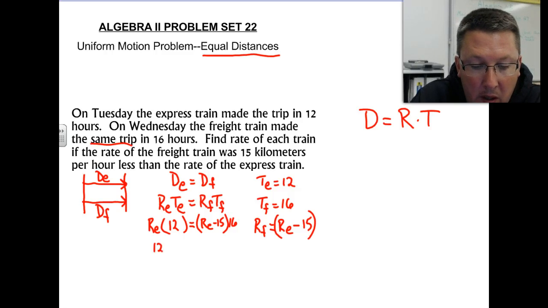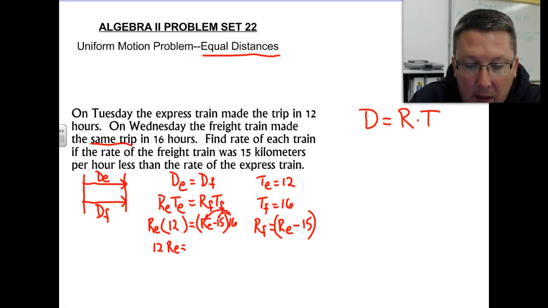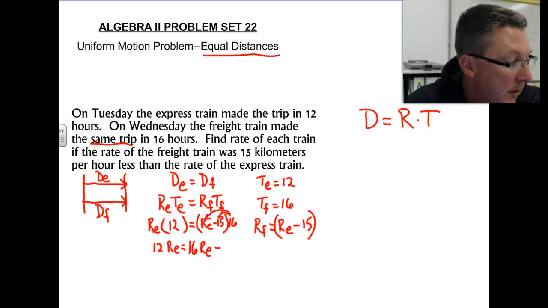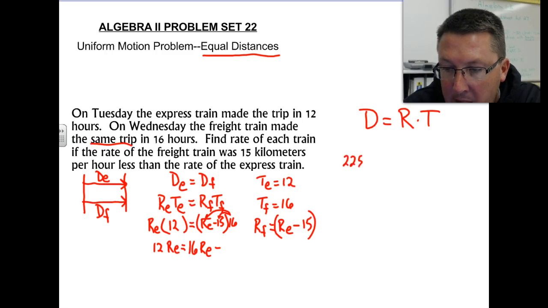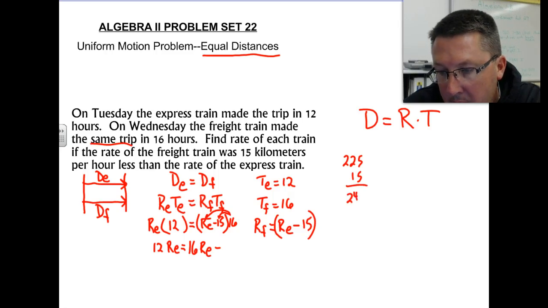This is 12RE equals, we'll distribute this 16 into both, and that is 16RE minus, I did not work this out ahead of time, so 15 times 16, sorry, I'm doing some math here, 240.